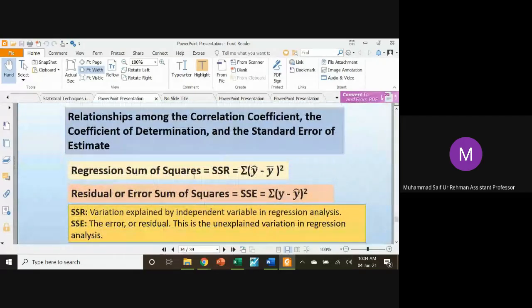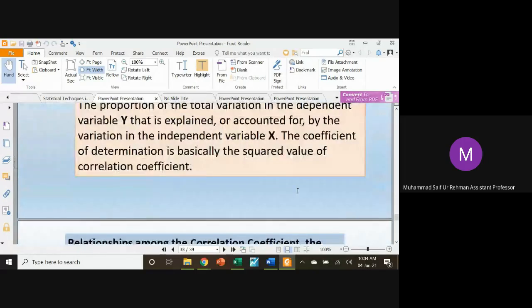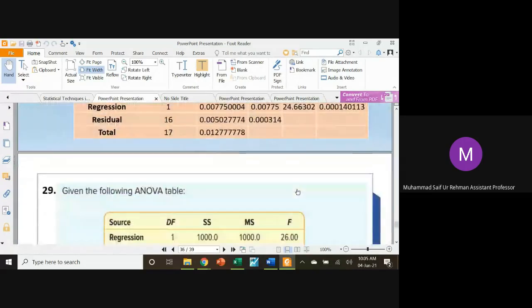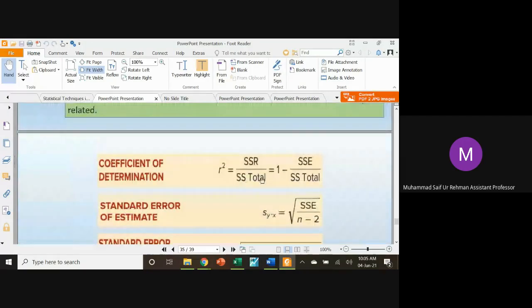These are the formulae that we will use in the next course. They are not really relevant in this course, but you are familiar with this ANOVA table. RSS means regression sum of square, ESS is the residual sum of square, and TSS is the total. So ESS, RSS, and TSS values may be utilized here.